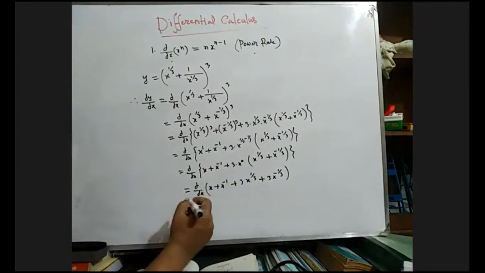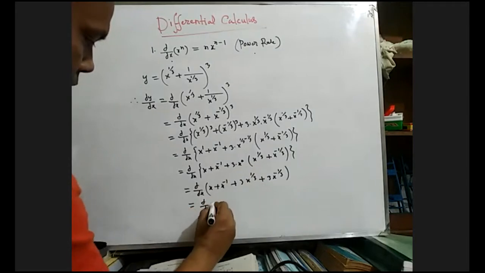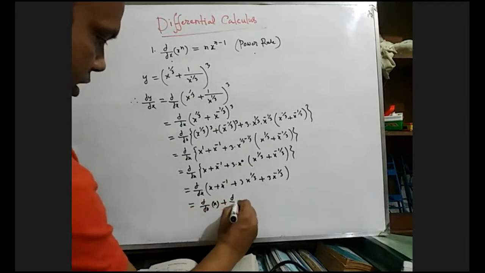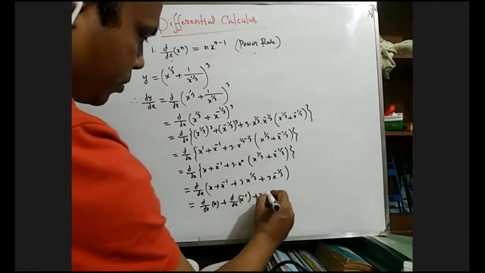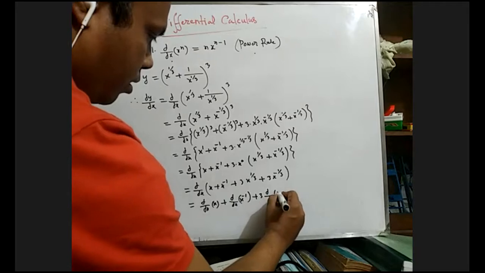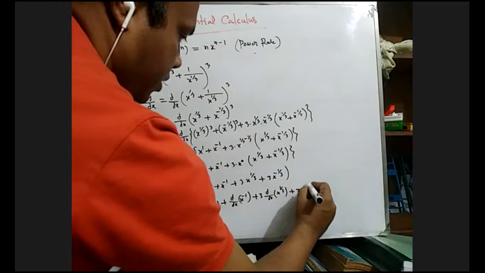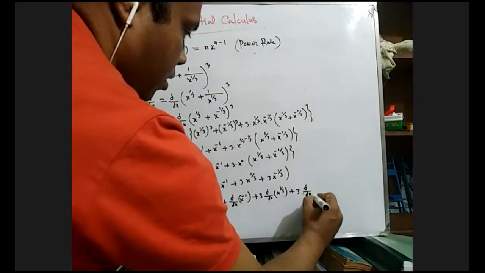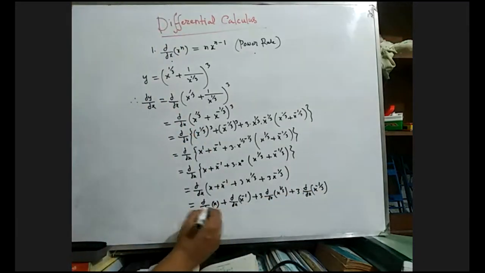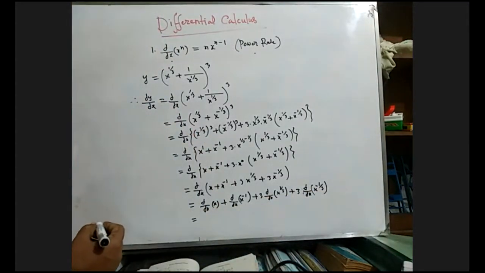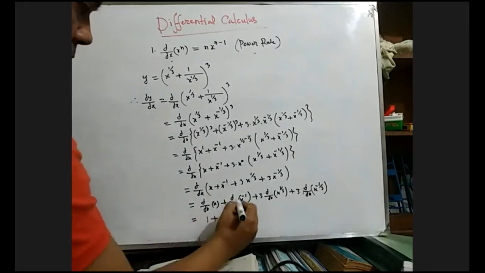Now multiplying d/dx to each term, that means d/dx of x, d/dx of x to the power minus 1 with the constant multiple rule, plus 3 times d/dx of x to the power 1 by 3, plus d/dx of x to the power minus 1 by 3. So d/dx of x is 1, formula 1, plus using the power rule.